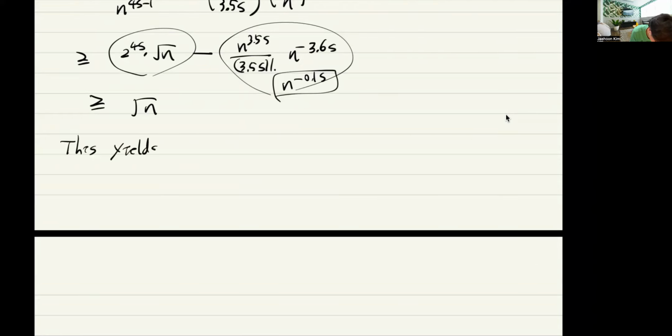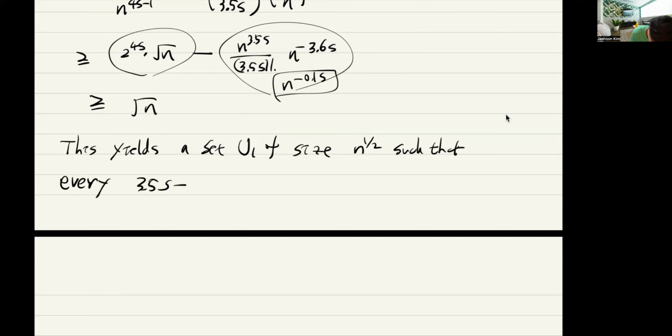This yields a set U1 of size n to the half, so square root of n, such that every 3.5s vertex subset of U1 has at least n to the 0.1 common neighbors.